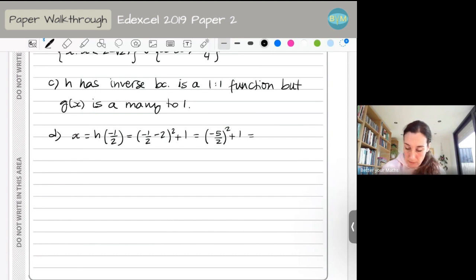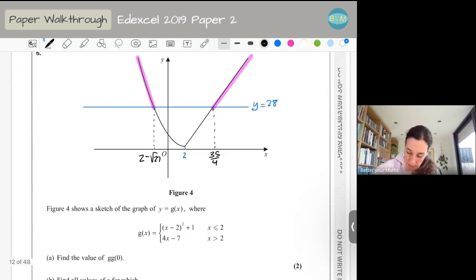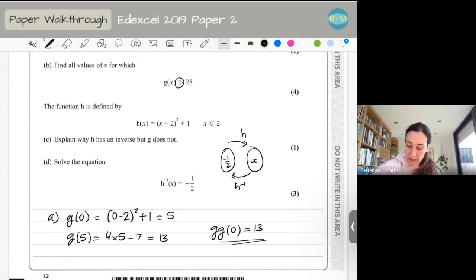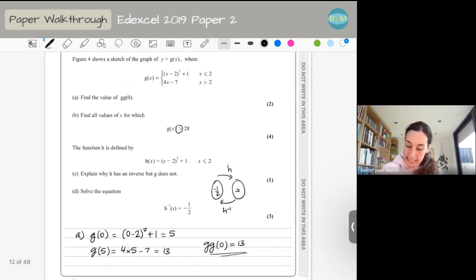I don't want to do this wrong. 29 quarters. Yeah, 29 quarters. That's the value. They don't ask me to round or to give it in any particular way. I could just leave it. It's a nice number like this. Any question?